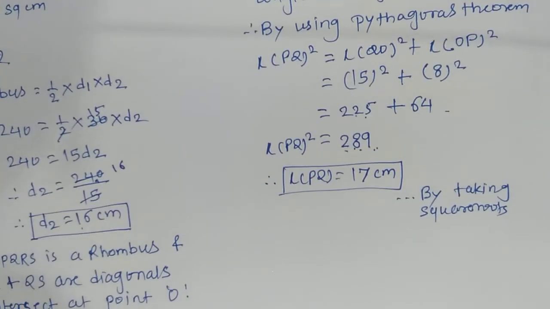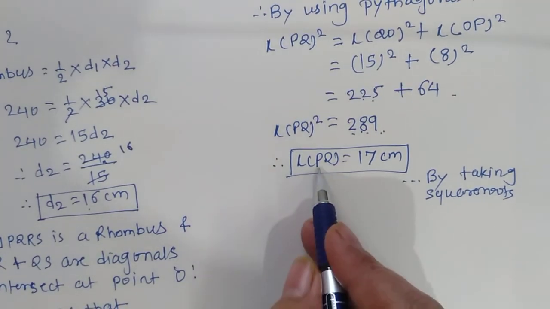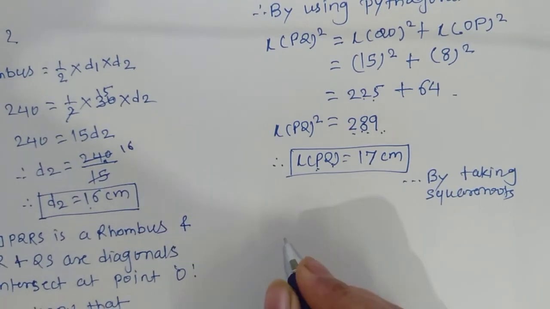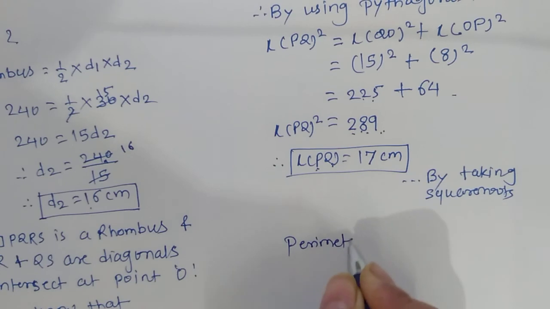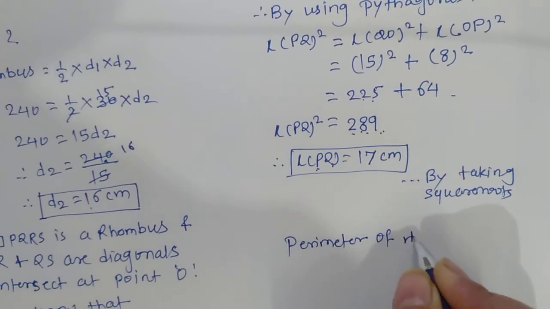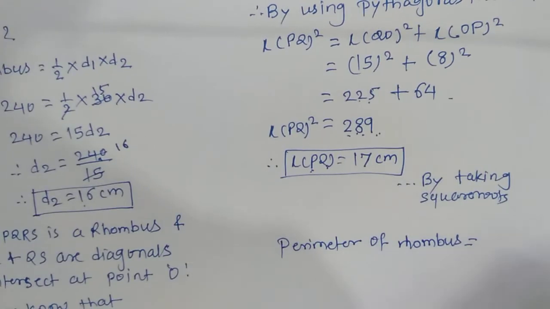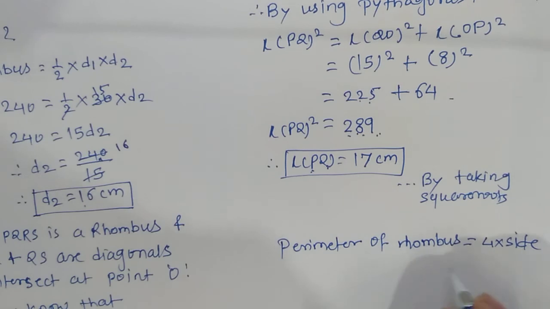So now we know the side of a rhombus because PQ is a side of rhombus. So perimeter of rhombus is equal to 4 multiplied by side.